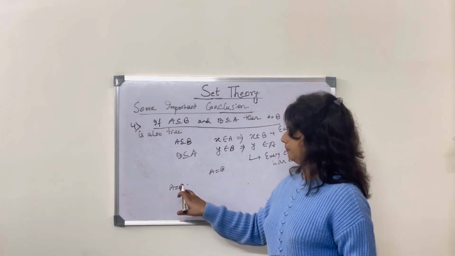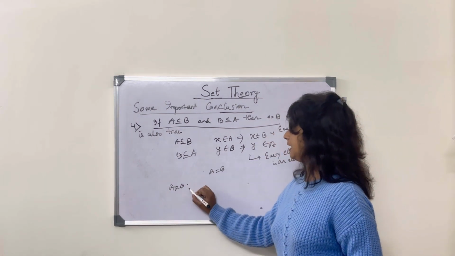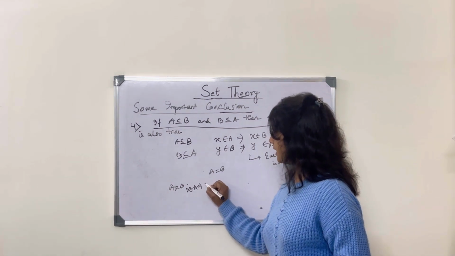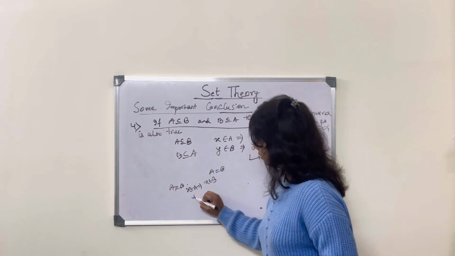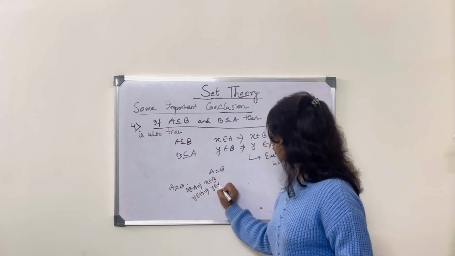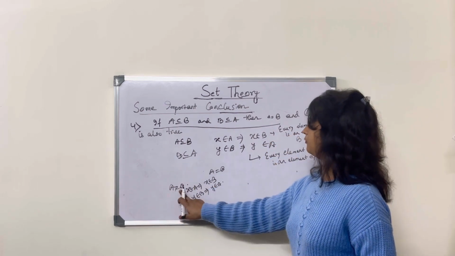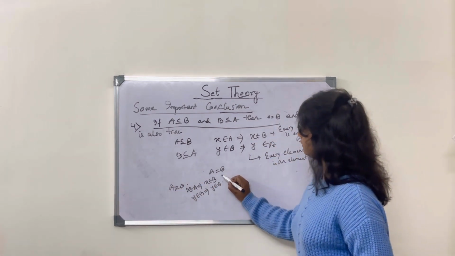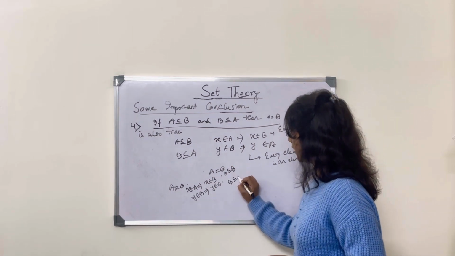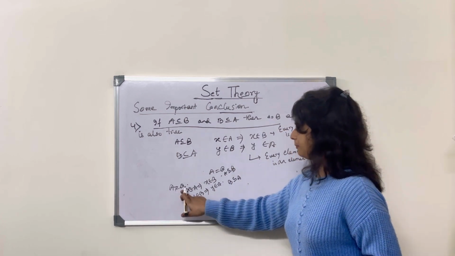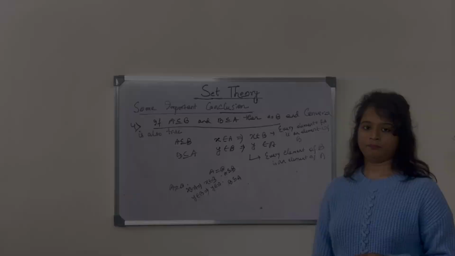If A and B are two equal sets, then by using notation we can say that x belongs to A implies x belongs to B, where x is an arbitrarily chosen element from the set A, and y belongs to B implies y belongs to A. If A and B are two equal sets, then these two sets follow these two properties. So what does it mean? It means A is a subset of B and B is a subset of A. So therefore, if A and B are two equal sets, then A is a subset of B and B is a subset of A.